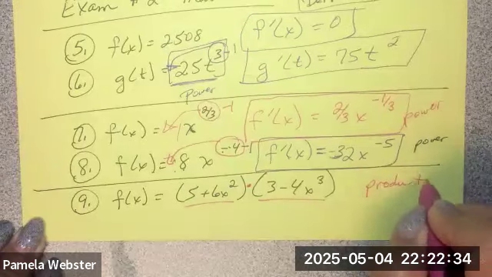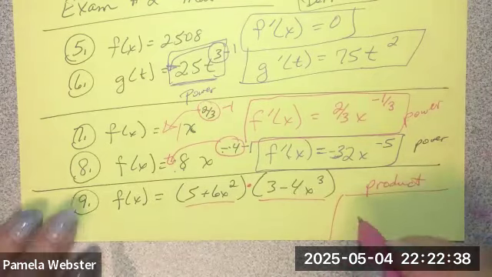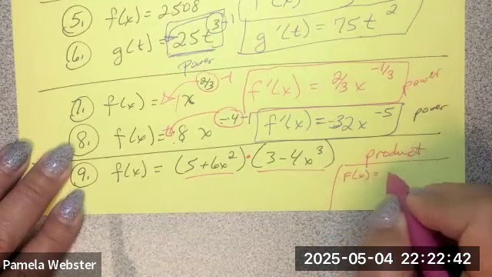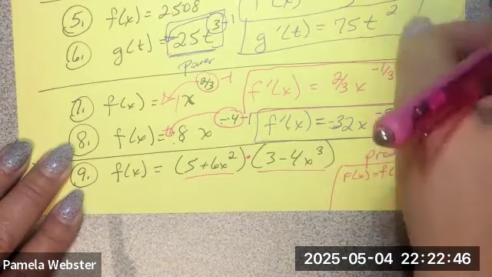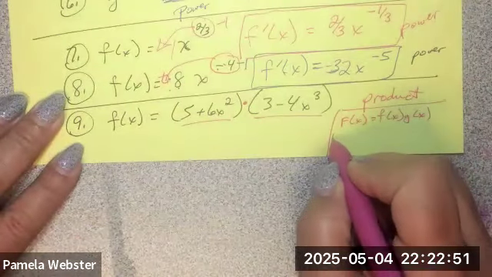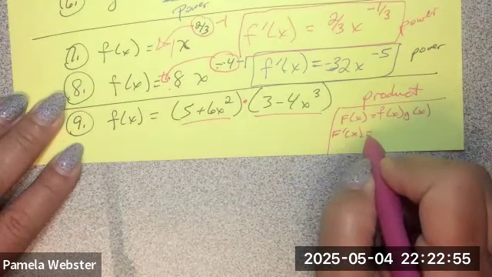Product rule. Okay, so remembering that if we have some big function where we've got f of x times g of x, two functions that are being multiplied together, and I want to take the derivative, f prime of x equals, what was it?